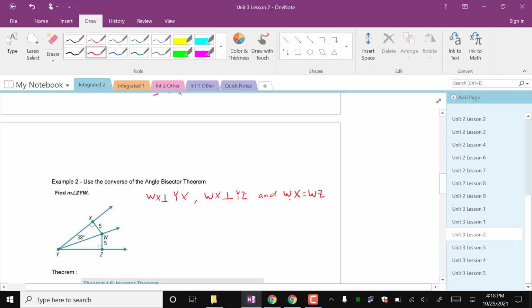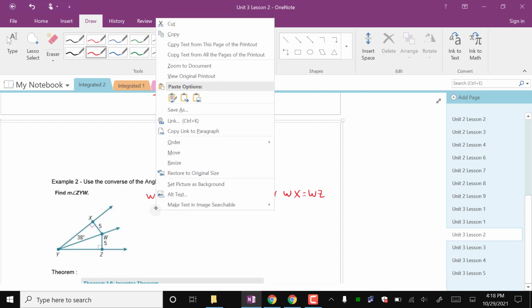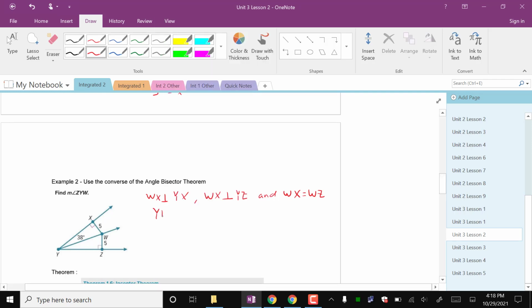Then W is equal distance from the sides. So this tells us, by the converse of the angle bisector theorem, that YW bisects angle XYZ. Because it bisects angle XYZ, angle ZYW is congruent to angle XYW.